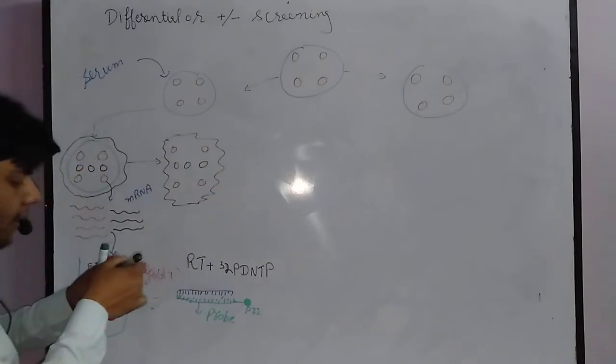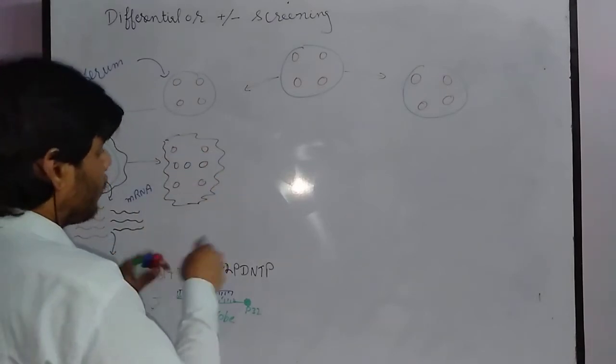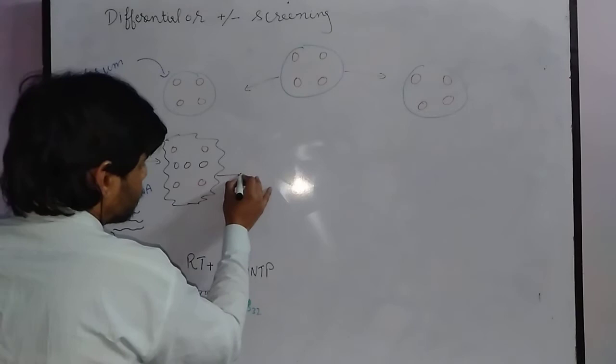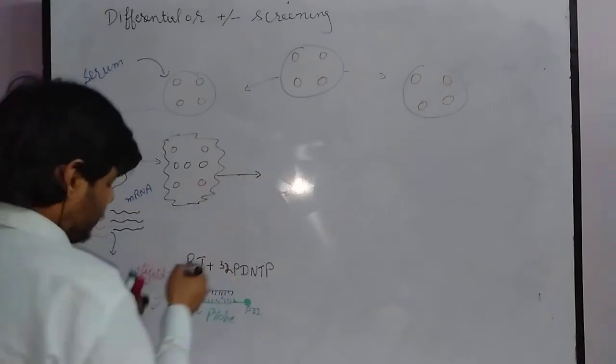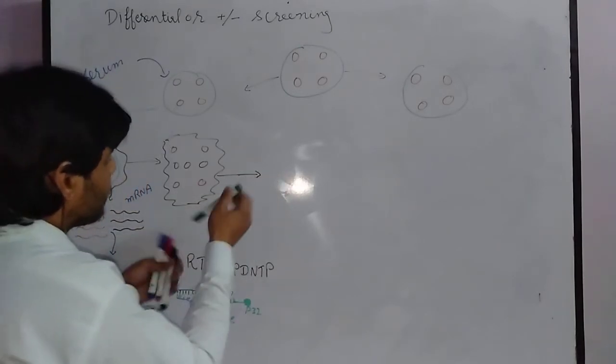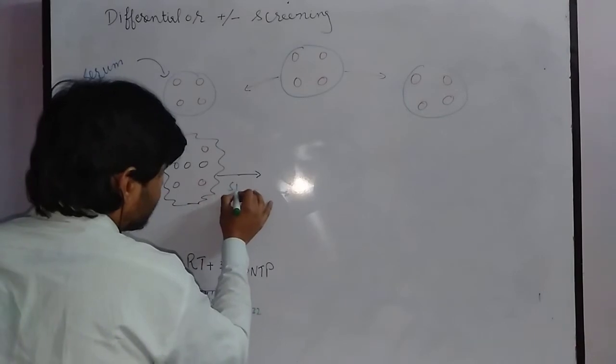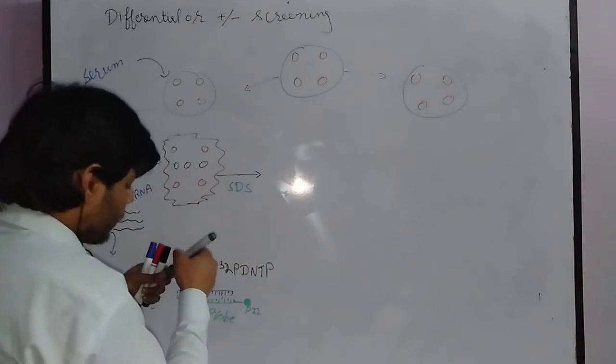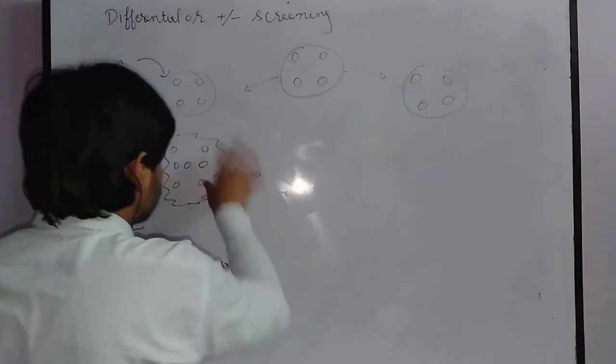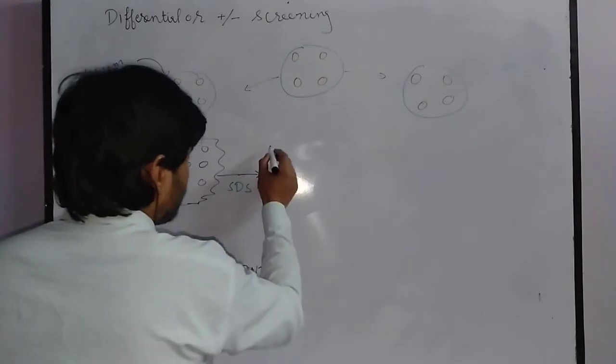This is called a replica, and after that the same procedure will also be performed with this technique. We treat the nylon filter paper with SDS solution, and after that the structure is changed. Let me draw.